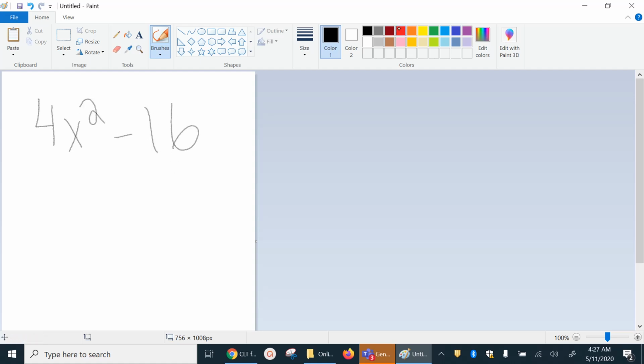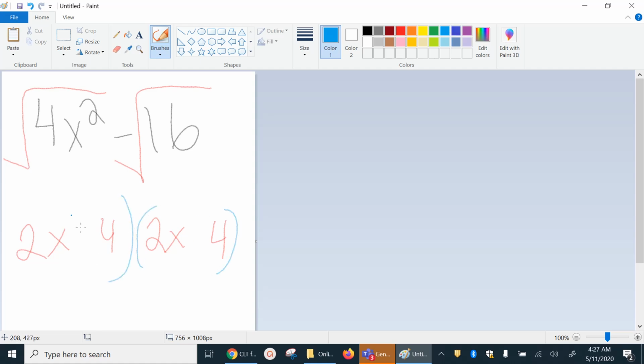If I take the square root of 4x squared and 16, the square root of 4 is 2, and the square root of x squared is just x, so I write 2x here. The square root of 16 is 4. Now I put a parentheses around both, plus, minus. The order doesn't matter, just as long as we take the square roots.